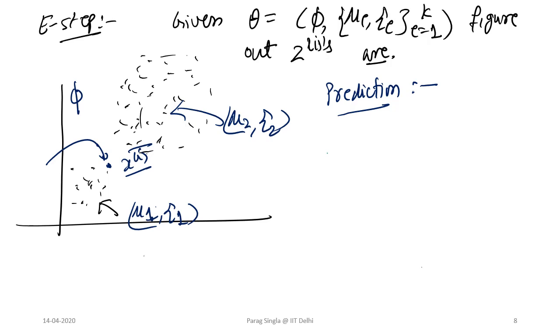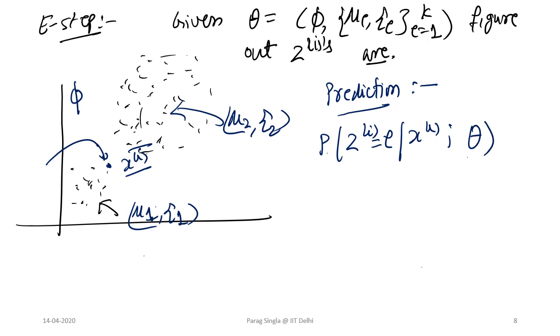Here is where things become interesting, because as we will see, the zi will actually be a soft assignment, because given the parameters, what we can compute is the probability of zi equal to L, zi belonging to a certain cluster, given xi parameterized by theta.